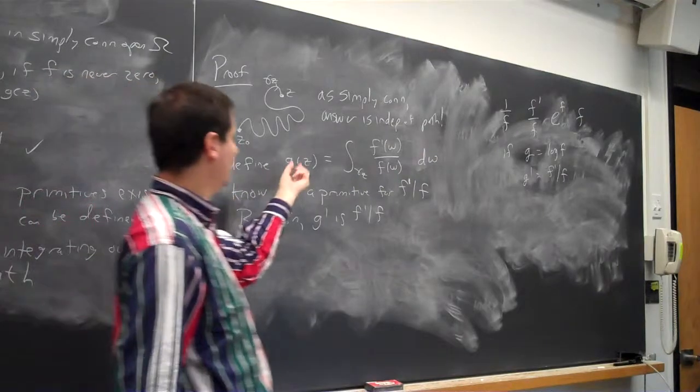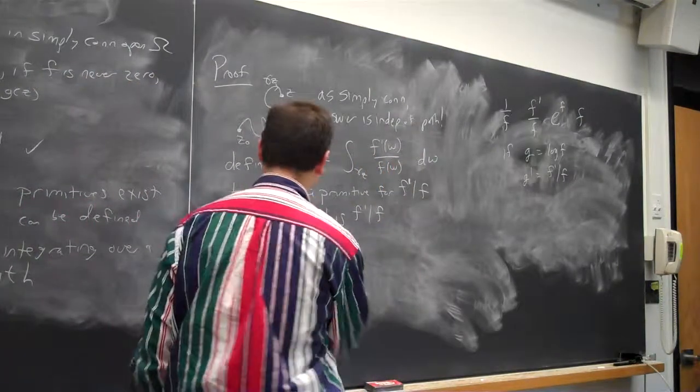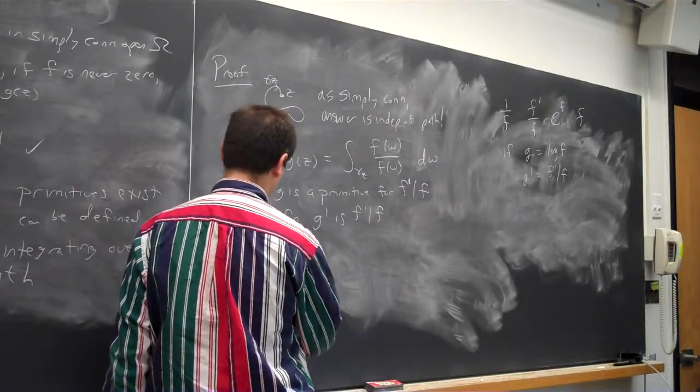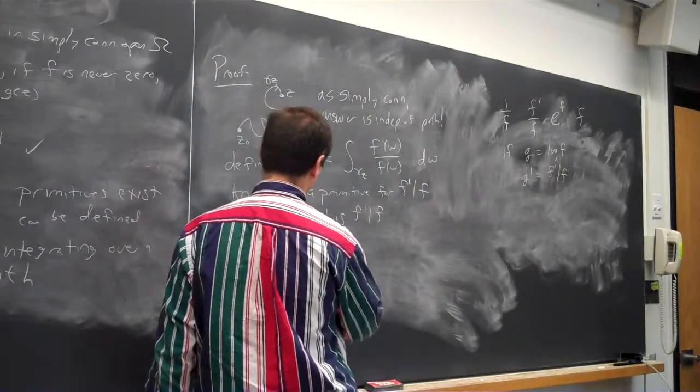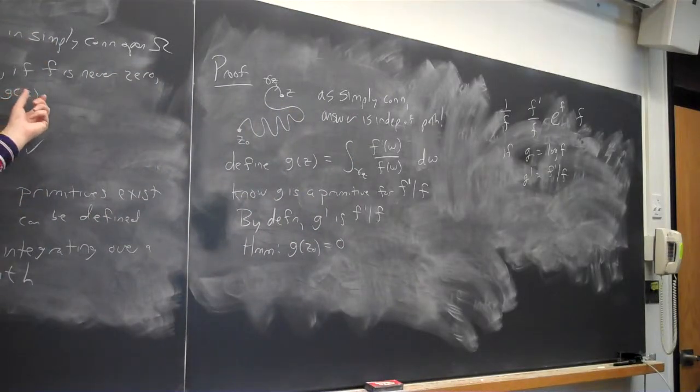If I evaluate this at z naught, I get g of z naught equals 0. What do I want to happen when I put in z naught? What should it be? I would have f of z naught is e to the g of z naught.